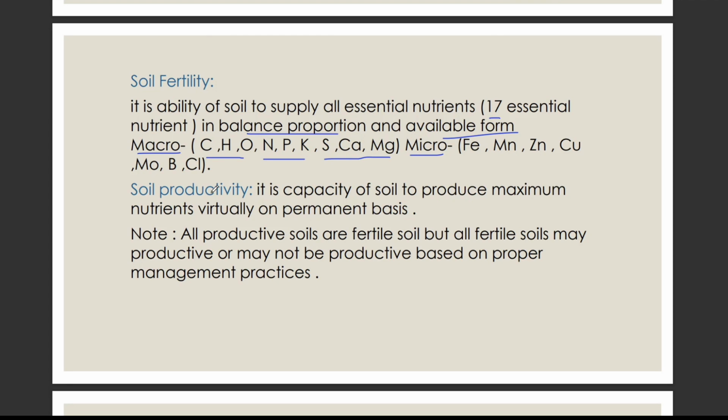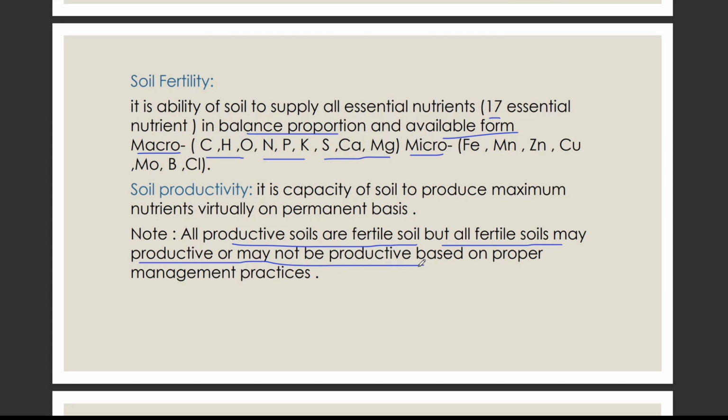All productive soils are fertile, but all fertile soils may not be productive, because if we have a balanced proportion of all nutrients in the soil but don't have proper water management or irrigation, then the plant cannot take the nutrients from the soil. There are also other management practices.